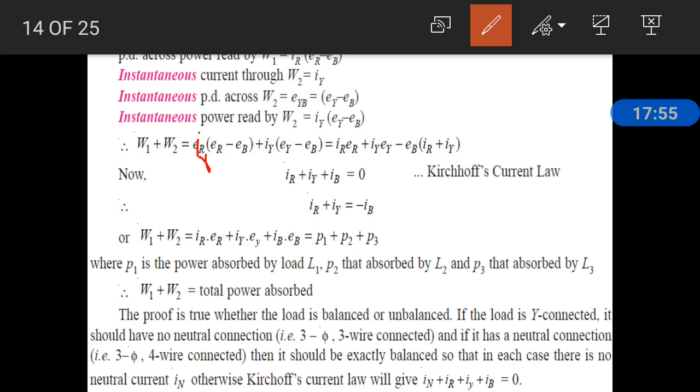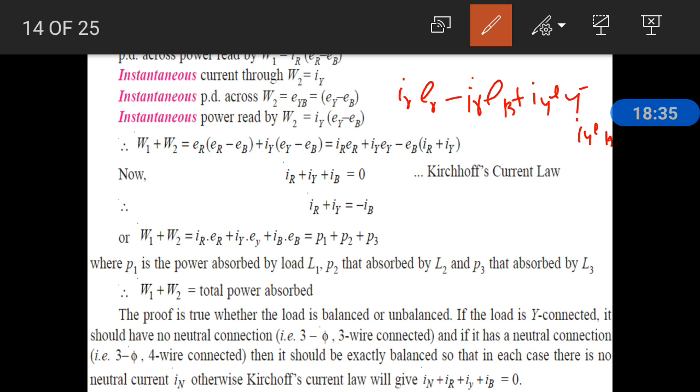Taking IR inside, we get IR into ER minus IR into EB. Similarly the second part is IY into EY minus IY into EB.